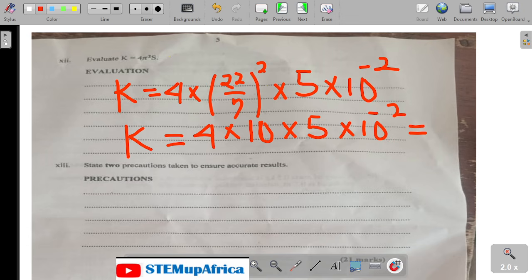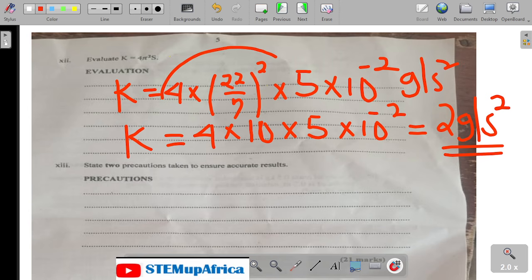Pi square is approximately 10. So if you multiply this, 4 times 10 times 5 times 10 raised to the power minus 2, we are going to have 2 grams per second square as the value of k, because the unit of this is also grams per second square.